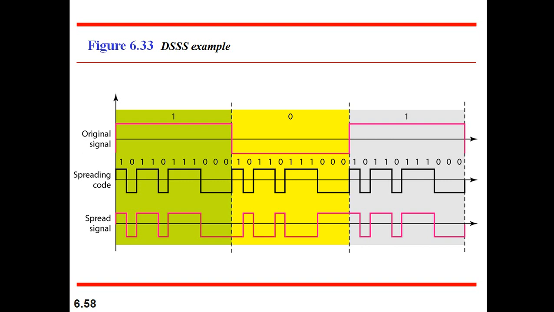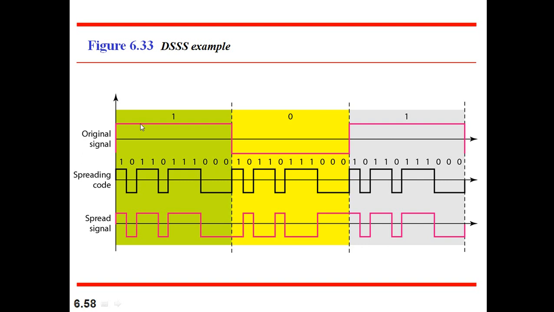Suppose 1 is XORed with 1, we are getting a 0 here. In that case, I am representing the 0 with the positive voltage. Then 1 is XORed with a 0, and in that case I am getting a 1 here, and that 1 is represented with the negative voltage, and so on.